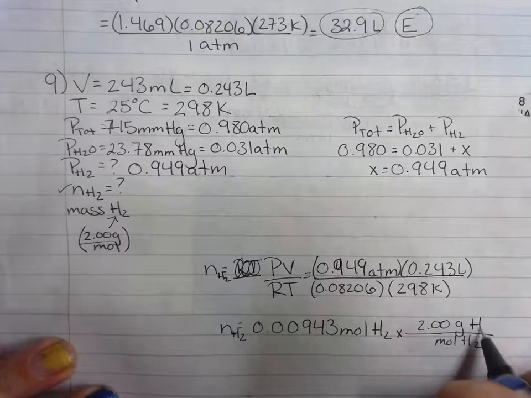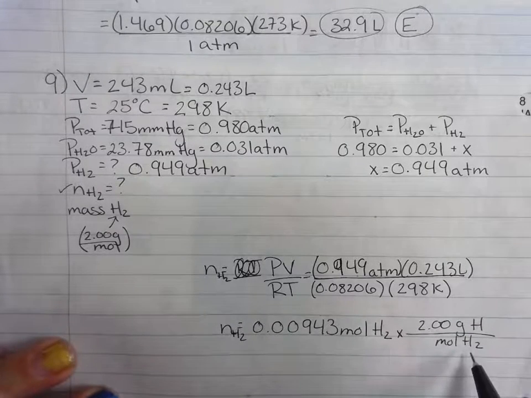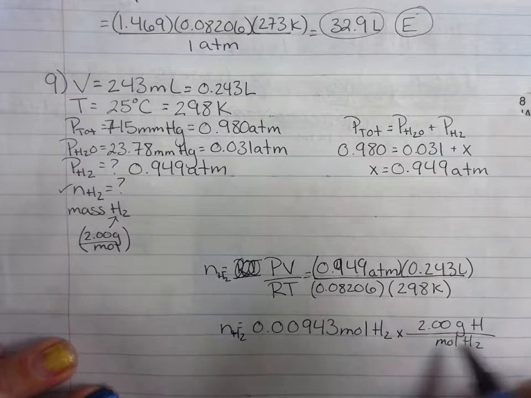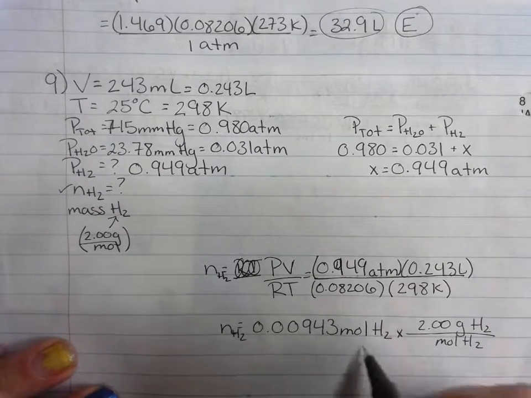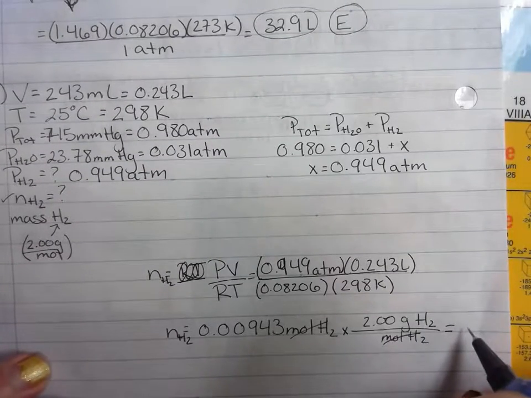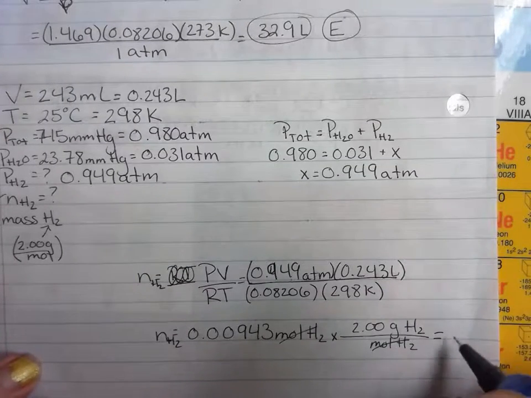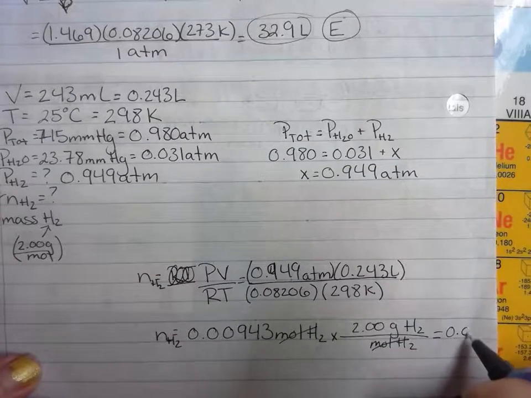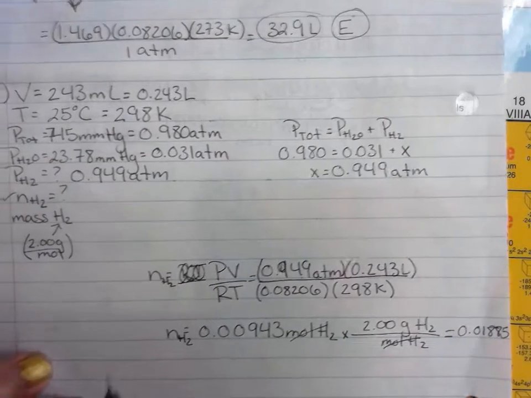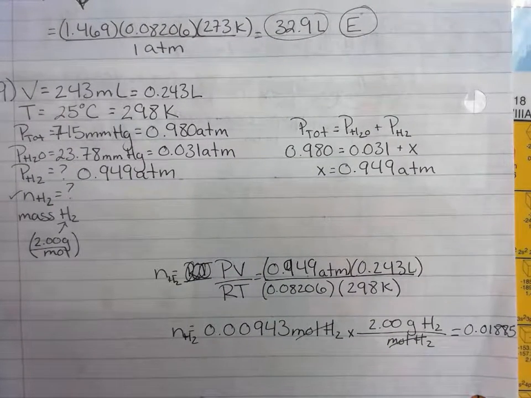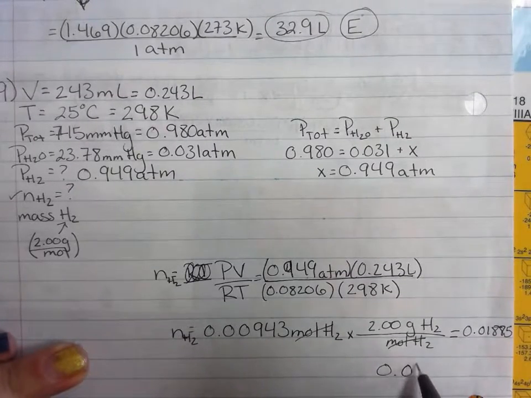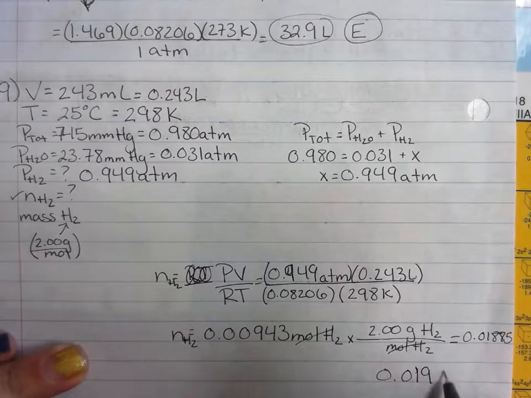We want to end up with grams, so it's want over have: we want grams of H2, we have moles of H2, and we end up with 0.01885, which is closest to 0.0190.